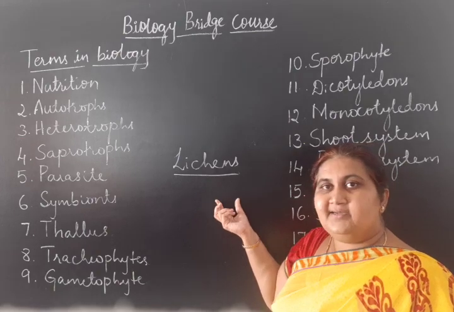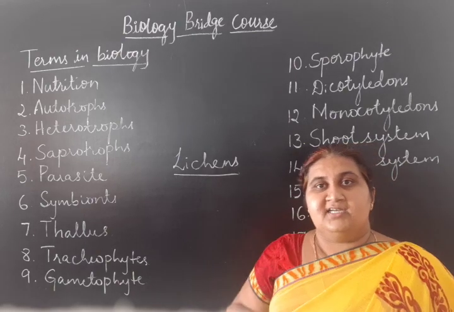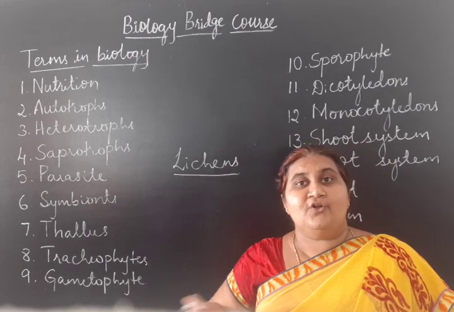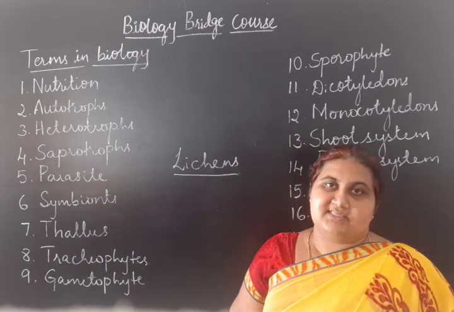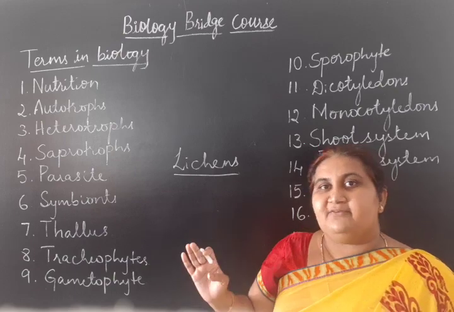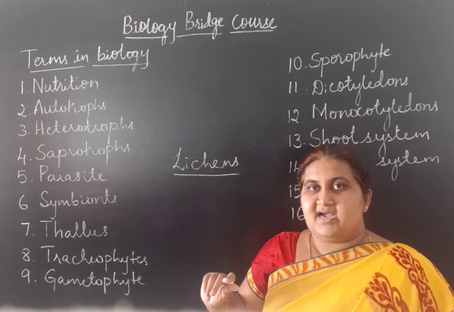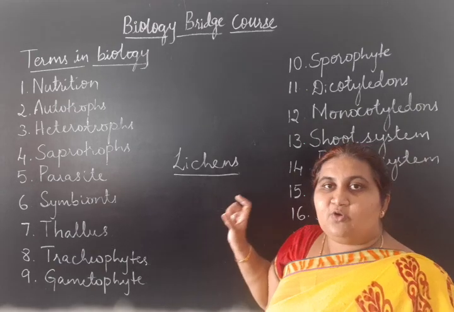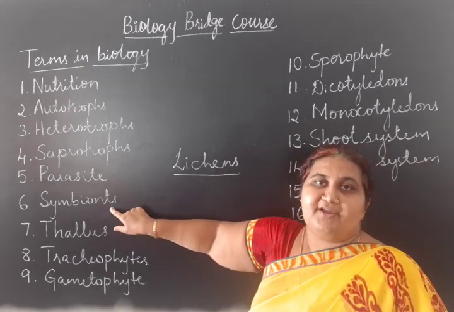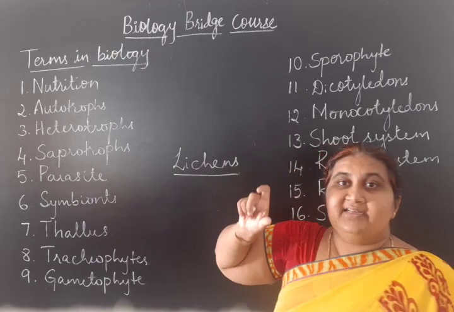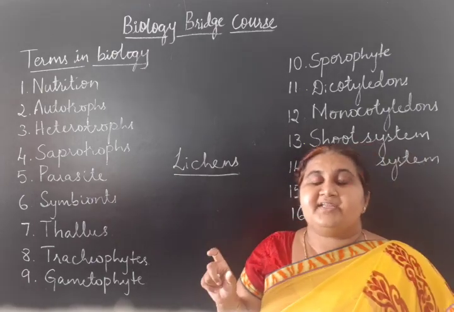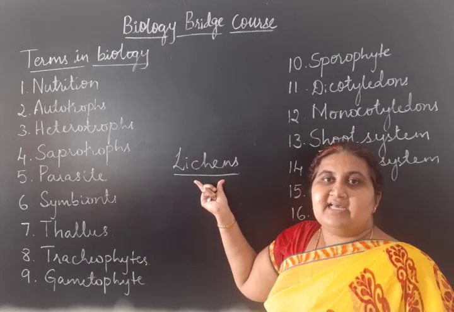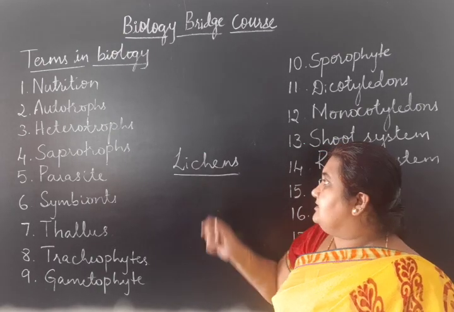Fungi gets nourishment and provides the water and mineral salts for the algae to undergo photosynthesis. So algae is benefited by the fungi. Here algae and fungi are called symbionts. The symbiotic interaction between algae and fungi is called lichens.